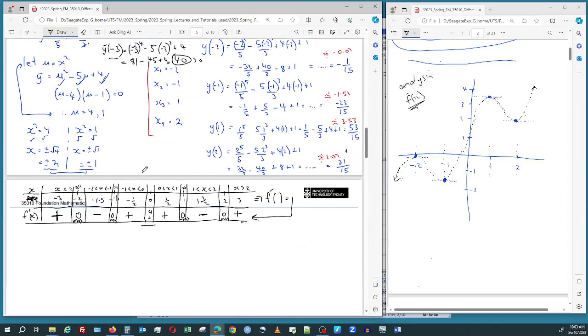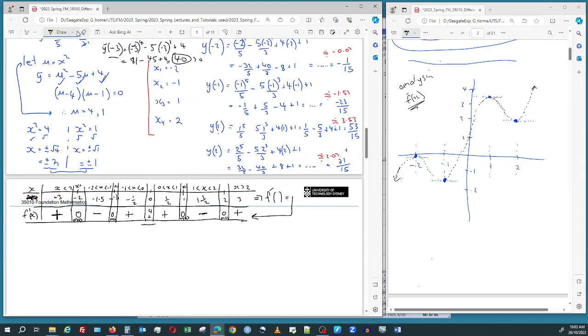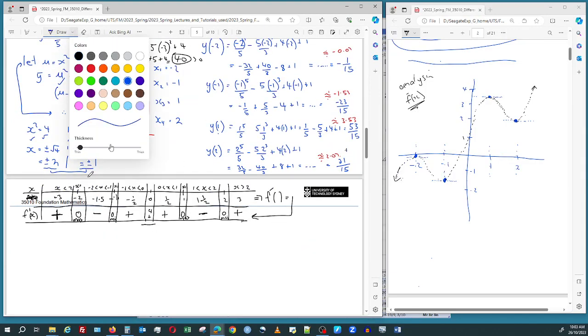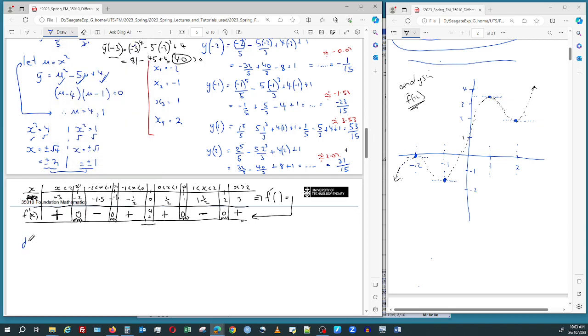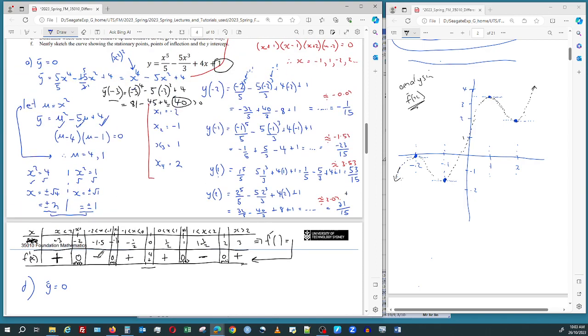Now, the points of inflection. So the points of inflection are going to be the second derivative. So we set y double dash to 0. So y derivative, first of all, was, let's just get it back into the picture there, x to the 4.